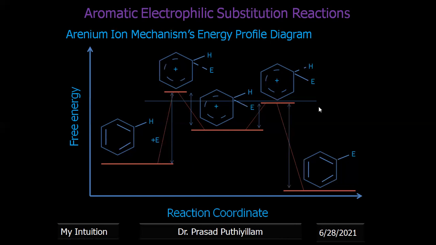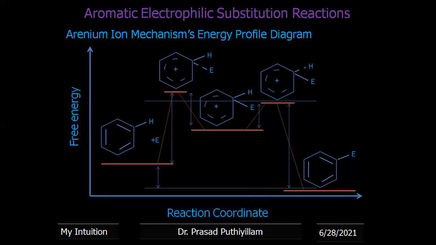Okay, then the last one, the energy difference, as you can see, from the final product to the substrate or the reagents, benzene as well as the electrophile reagent, there is also an energy difference. The final product has the lowest energy, that is, the most stable form compared to the starting material. That's why they undergo reaction.